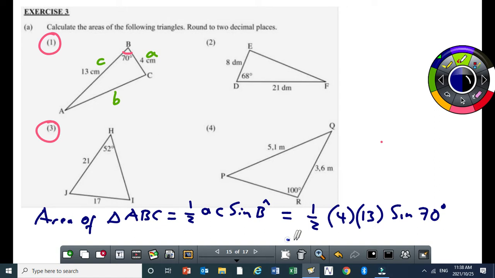What answer do you get? 24,43 square units. This is area. In this case it's given in centimeters, so it will be square centimeters: 24,43 square centimeters. That's very easy, isn't it? Very simple.